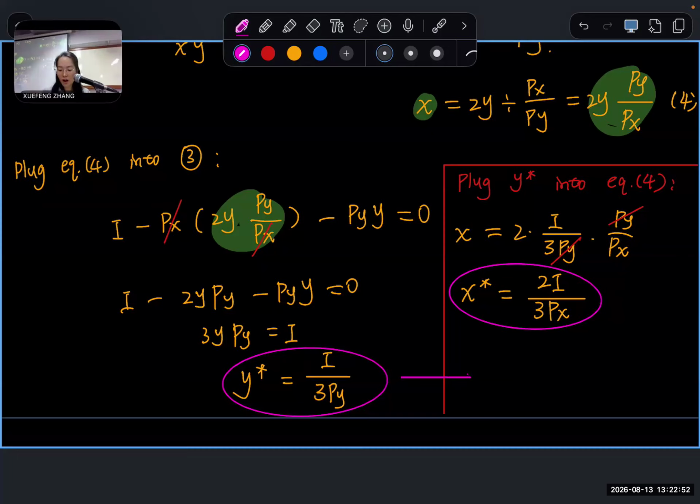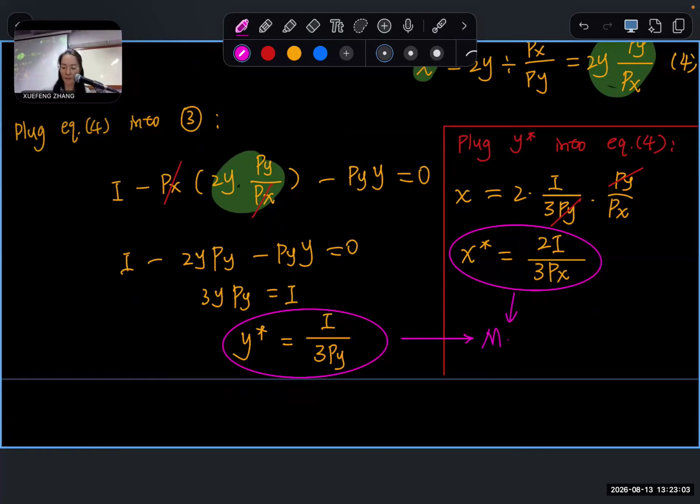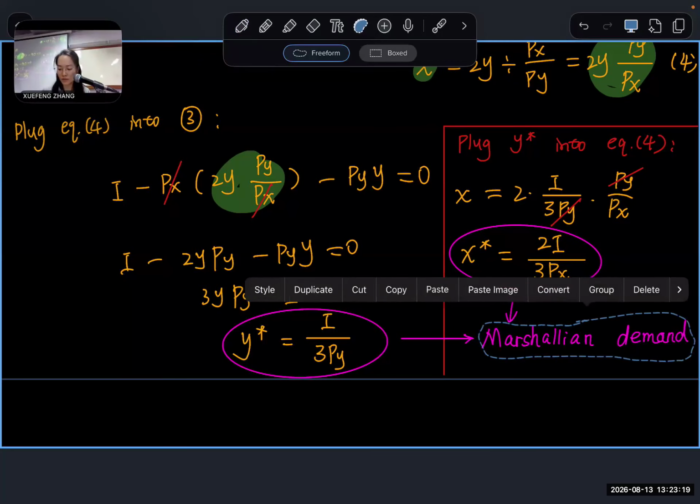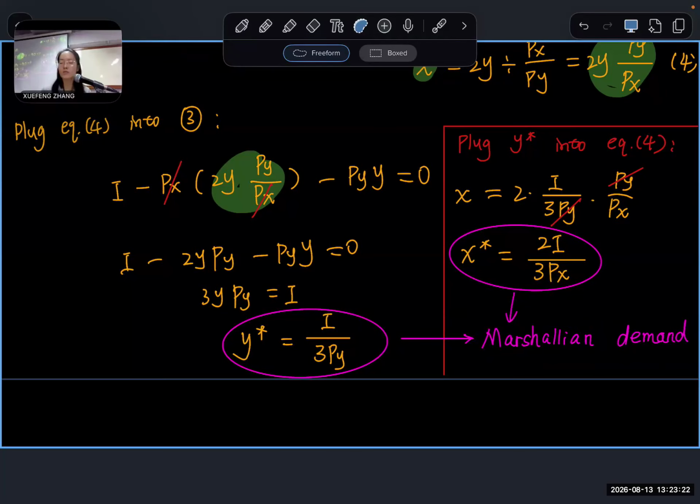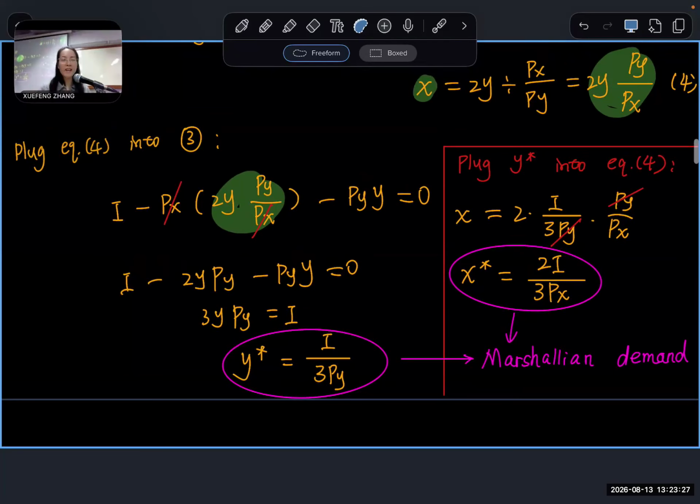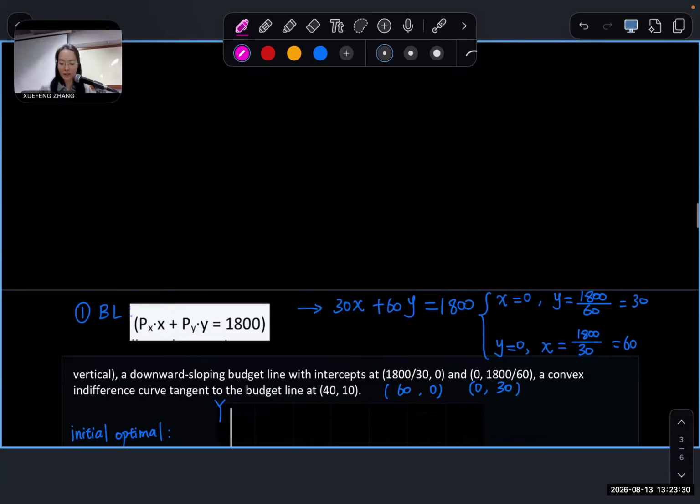Those two we got from utility maximization, which is Marshallian demand. Okay, you can check later by yourself. Let me continue.